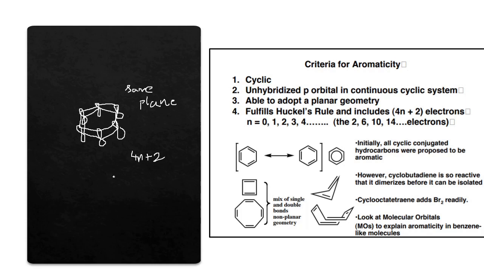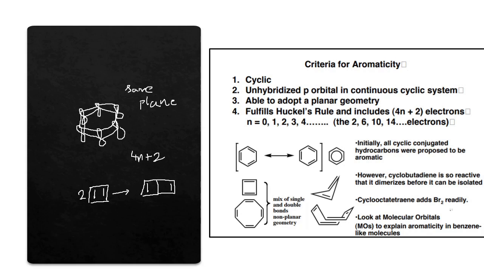However, it was found later that cyclobutadiene is so reactive that it dimerizes readily before it could be isolated. So cyclobutadiene is highly reactive.